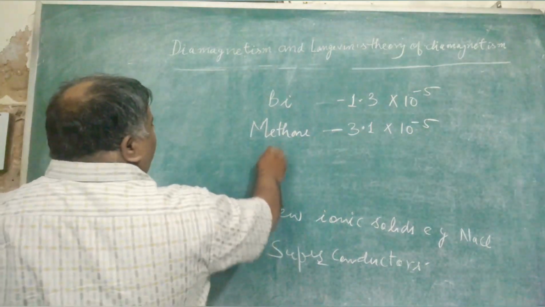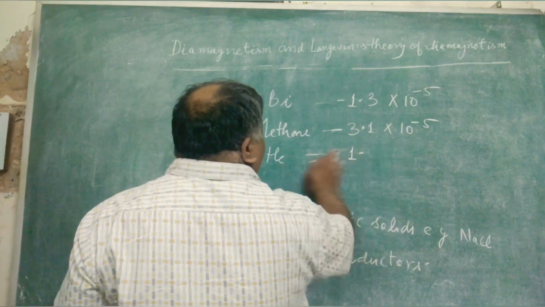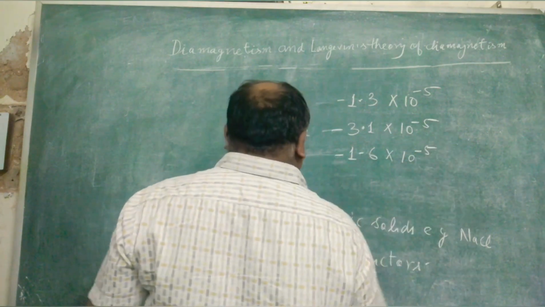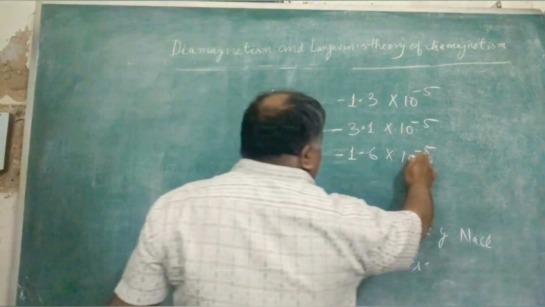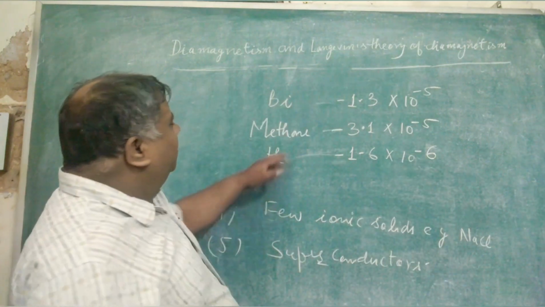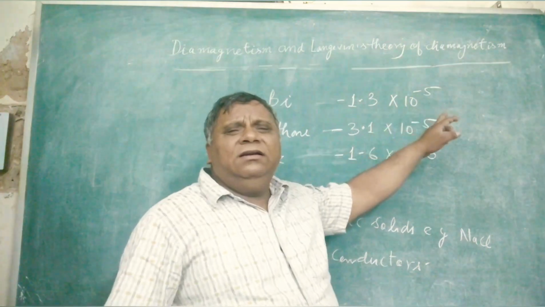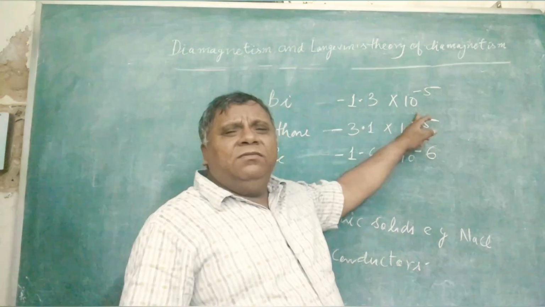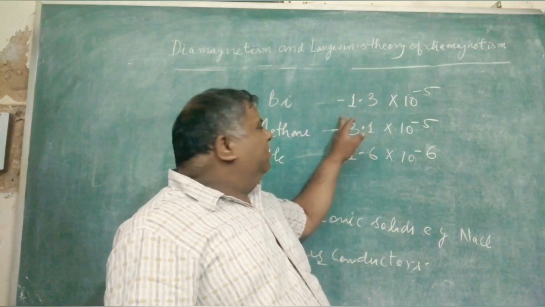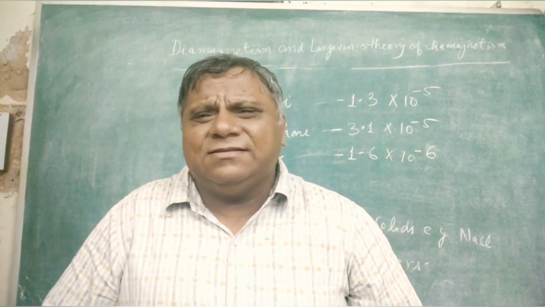Susceptibility of helium is negative 1.6 times 10 to the power minus 5. So, the magnitude of susceptibility normally remains of the order 10 to the power minus 5 or 10 to the power minus 6. The values are negative. Most of the time it is 10 to the power minus 6.